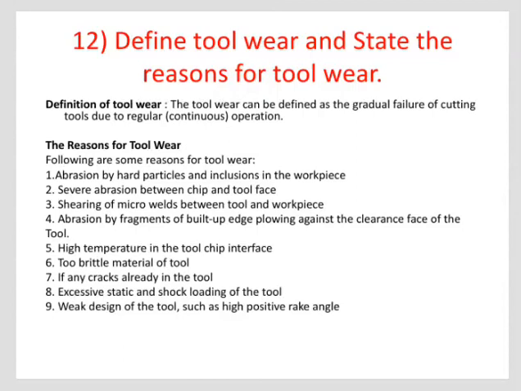The reasons for tool wear are abrasion by hard particles and inclusions in the workpiece, severe abrasion between chip and tool face, shearing of micro welds between tool and workpiece, abrasion by fragments of built-up edge flowing against the clearance face of the tool, high temperature at the tool-chip interface, too brittle material of the tool, any cracks already in the tool, excessive static and shock loading of the tool, and weak design of the tool such as high positive rake angle. These are the reasons for tool wear.